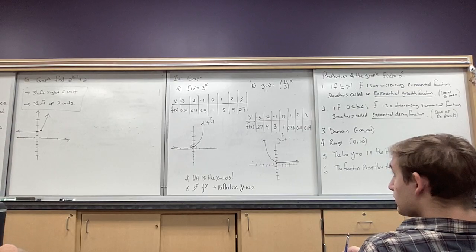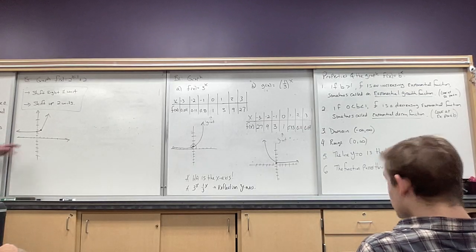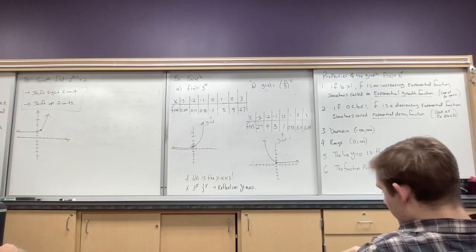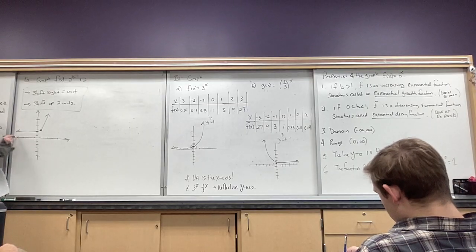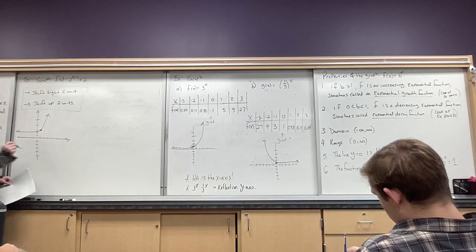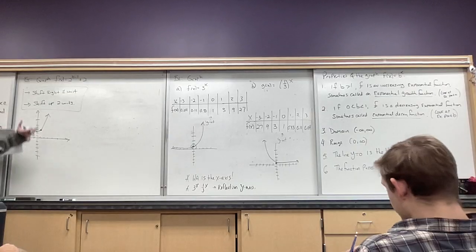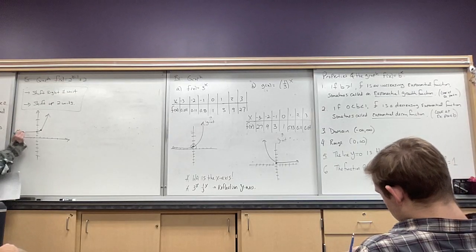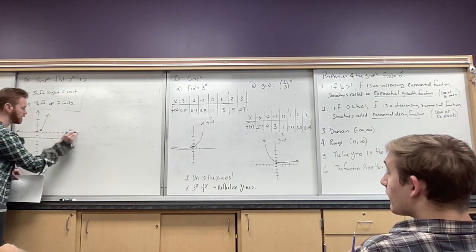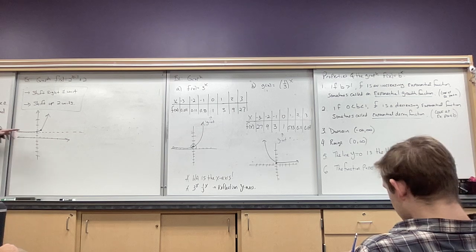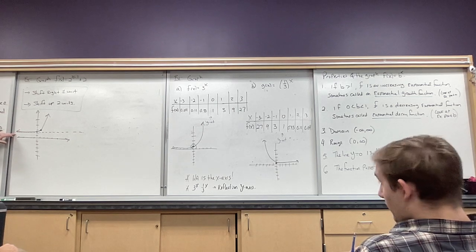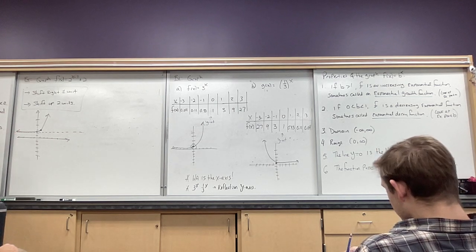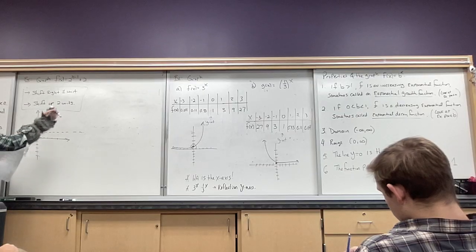And there we go. Now, it's kind of weird over here, right? Like, does it level off? It does, okay? Our original HA was the x-axis, right? Well, because we shifted it up 2, my HA also shifts up too. So this is going to approach 2, but it's never going to hit it. So let's put a little note here.